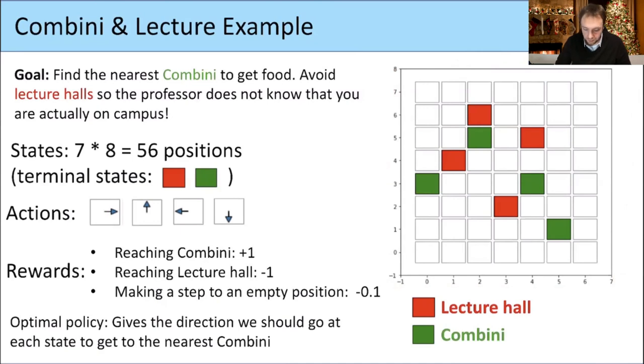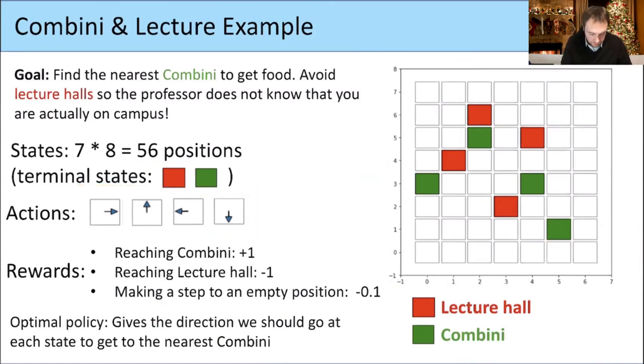The different states are the positions on the campus. In this case, there are 56 positions. There are also some special states, namely the green parts are combinis and the red parts are lecture halls. And there are 4 possible actions: going right, up, left, and down.